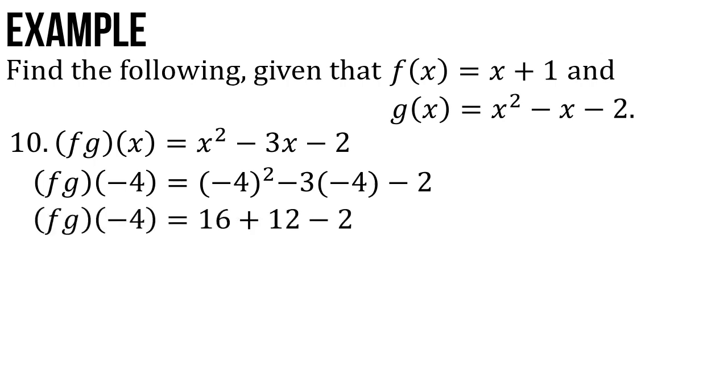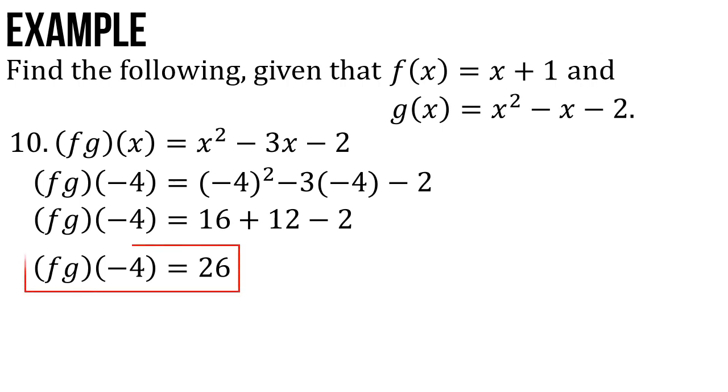So f times g of negative 4 is equal to 16 plus 12 minus 2. So negative 4 squared is 16, negative 3 times negative 4 is positive 12. That's why we're going to have f times g of negative 4 equals 26. And this is our answer. We also use a shortcut here. Okay?